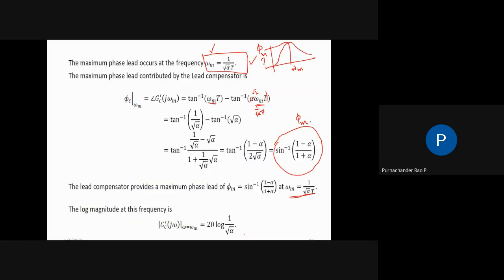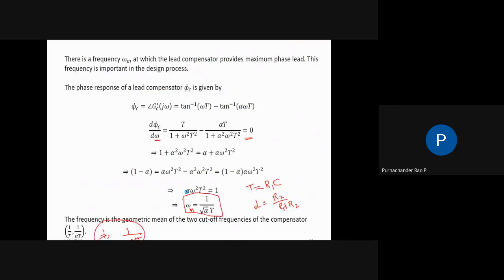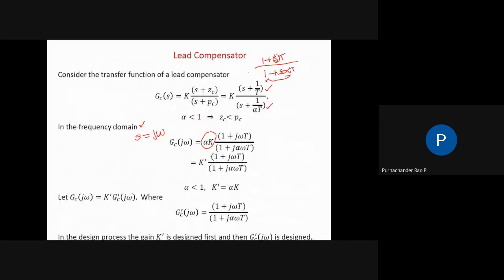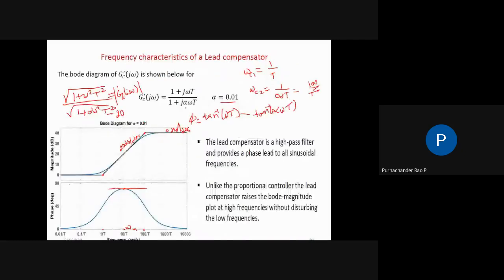Is it clear? Once again, I am going through this. First of all, we take the transfer function of the lead compensator, which is represented as k into (s plus 1 by t) by (s plus 1 by alpha t). Using this, we draw the Bode plot, and also the phase plot.